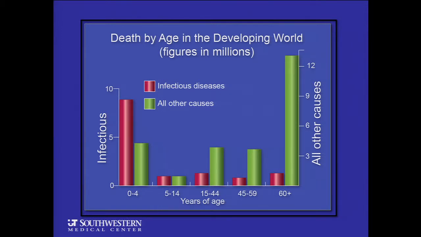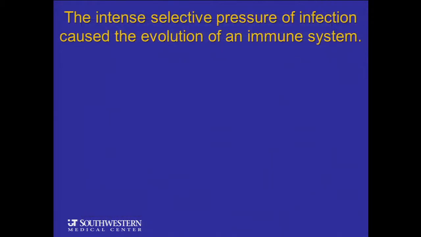And this means that over time, in recent times, and certainly in much less recent times as well, infection has been a tremendous selective pressure on our species, and it's very much shaped our genome, and it brought our immune system into existence.